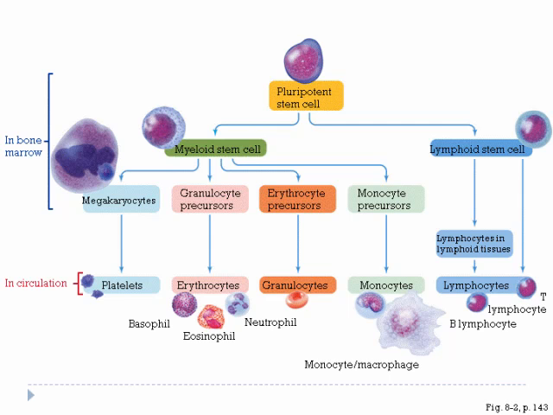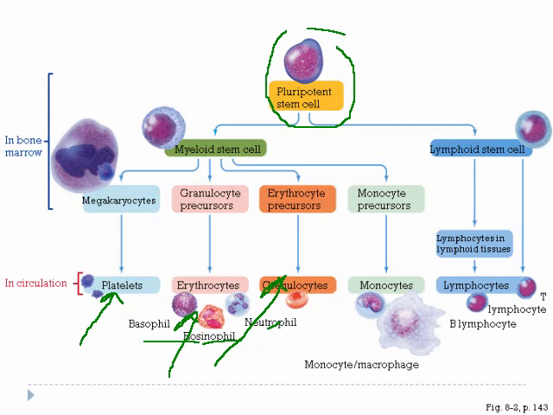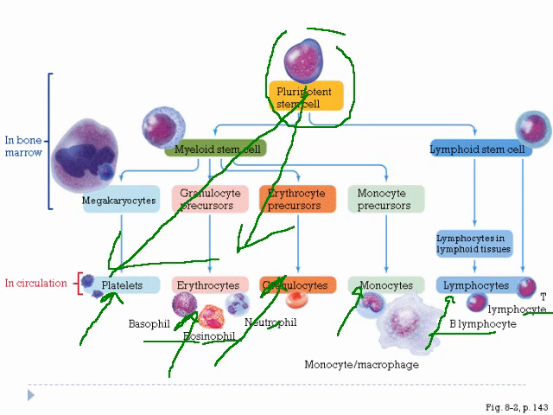So this is the figure from your book. Here's your pluripotent stem cell. This cell has the potential to become a platelet or a red blood cell or a granulocyte, which is any of these 3 kinds of cells, or a monocyte or a lymphocyte, which is either of these 2 kinds of cells. This cell can become any of these cell types.